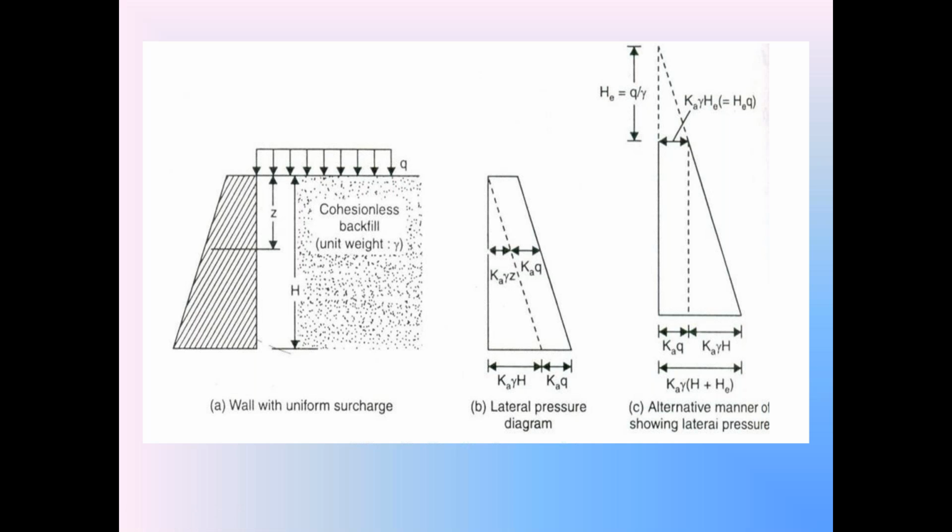Now, according to Rankine's approach, Rankine's active earth pressure, the horizontal active earth pressure at this location, PA is equal to KA into sigma V. What is sigma V? Q plus gamma into Z. That is sigma V. So please everyone focus on that.